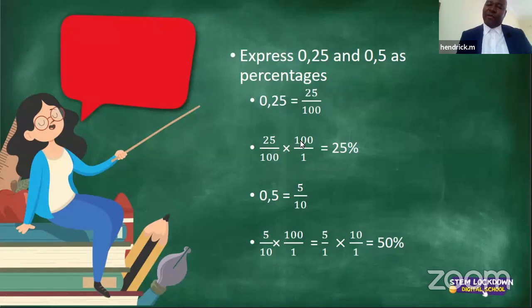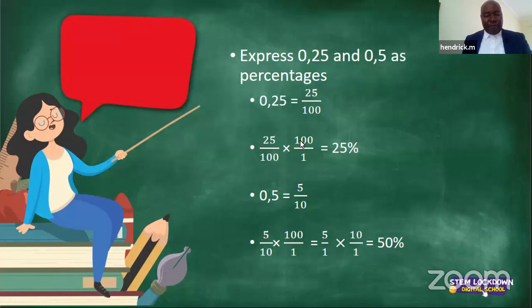So 25 times 1 is 25, and your answer there will be 25%. So basically, 0.25 is the same as 25%.